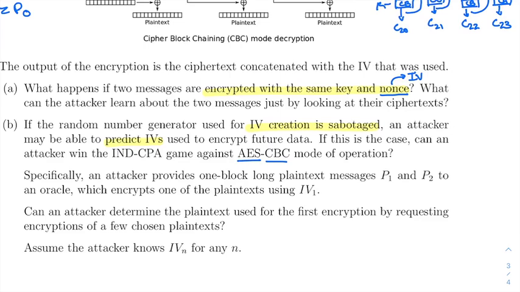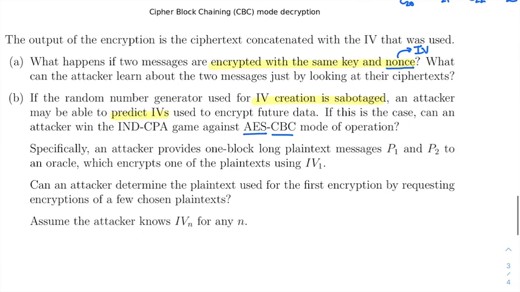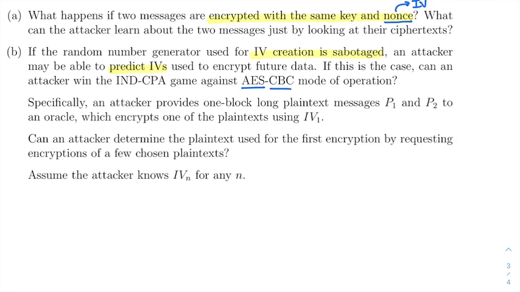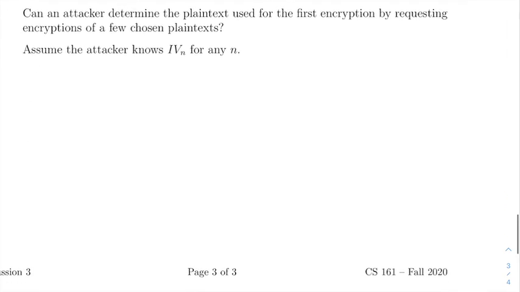So we're just reiterating how IND-CPA works. Can an attacker determine the plaintext used for the first encryption by requesting encryptions of a few chosen plaintexts? So this is pretty interesting. And again, the attacker knows the IV for N. Great. So let's think about this, right?